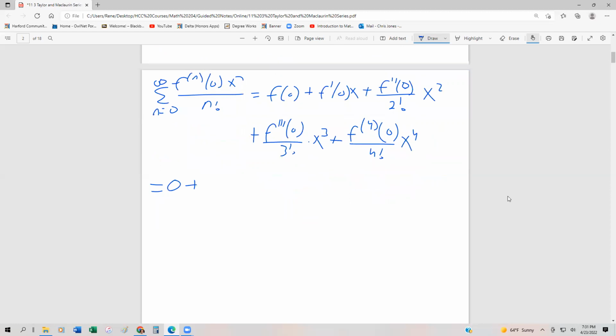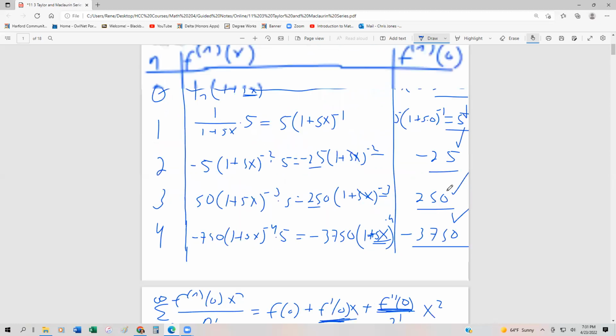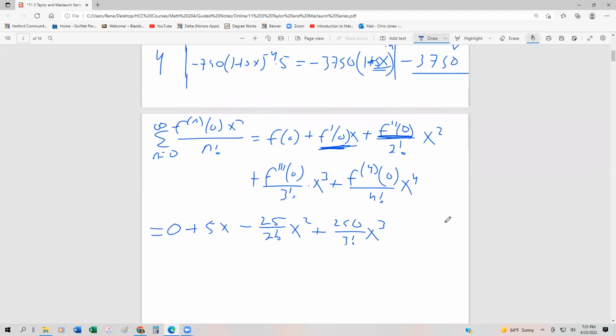So this is going to be 5x. Okay, so we're just substituting 5 in right here. And then this is going to be negative 25 over 2 factorial x squared, plus, remember we got 250 over 3 factorial x cubed. All right, and then finally we got this negative 3750 over 4 factorial x to the 4th.